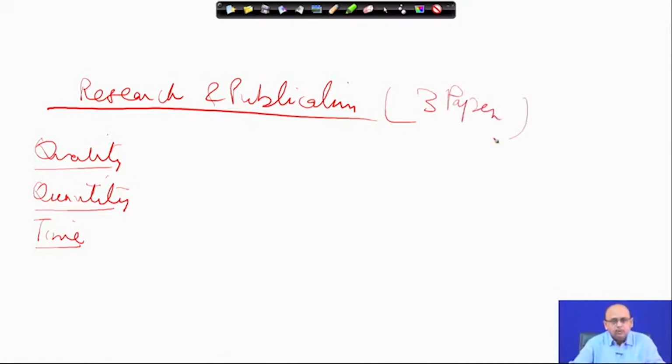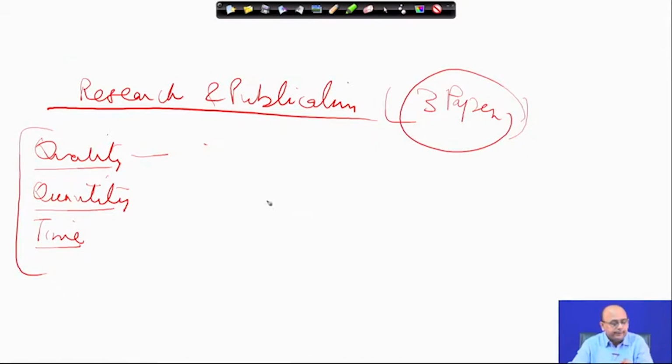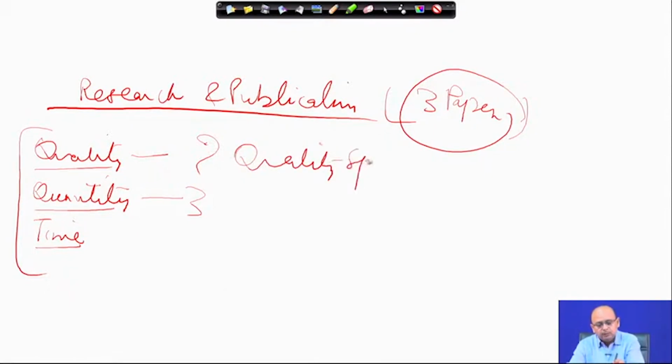Now, you have to see whether this outcome is meeting these performance criteria or not. In terms of quantity you are meeting this, but in terms of quality it is questionable, because your publications are in what kind of journals, are they in quality journals. Now, this quality has to be specified, like whether it is in a Scopus Index journal or not.